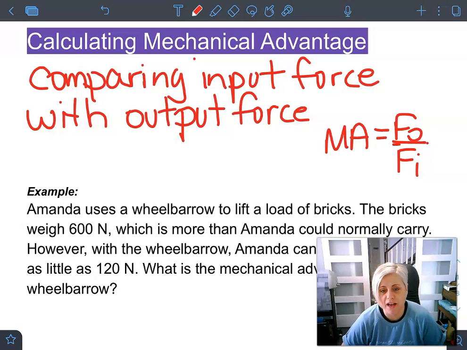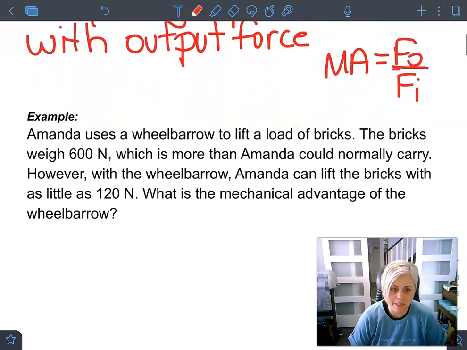When you solve that, the number that you're going to get will be the number of times that machine is multiplying the force. Okay, so you typically have no units for this. We'll be using newtons of force divided by another amount of newtons of force. The newtons cancel out.